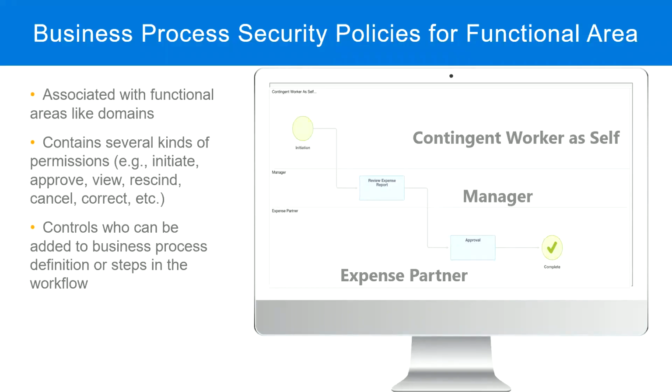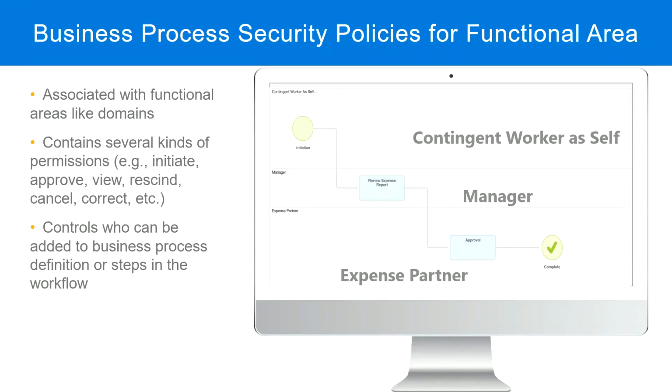Right. That is what is controlled by the business process security policy as well. Who can do those steps in the business process definition? Right. It's not up to our whims and fancies. Okay. This process step should be done by such and such.